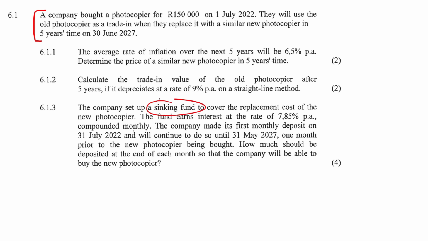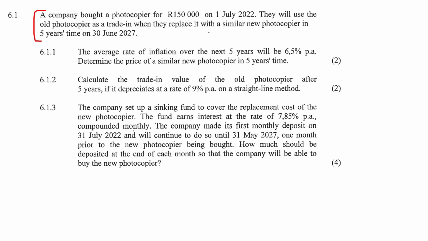Let me just give you the theory on that once again. All that happens, it's very easy. Sinking funds are very easy. Listen to this carefully. In the year 2022, they buy a photocopy machine for 150,000 Rand. Okay? What is going to happen to the value of that photocopy machine as the years go on to 2027?